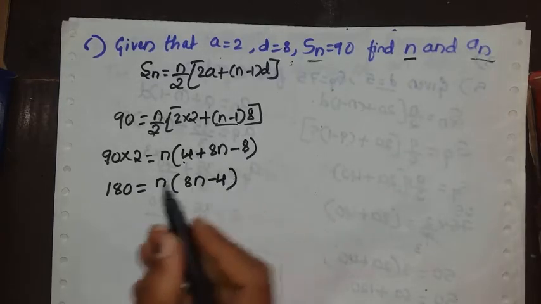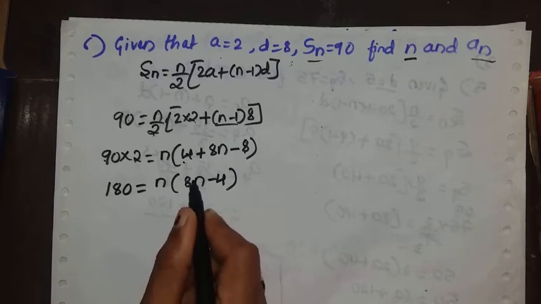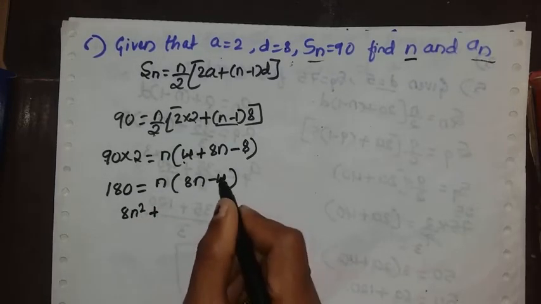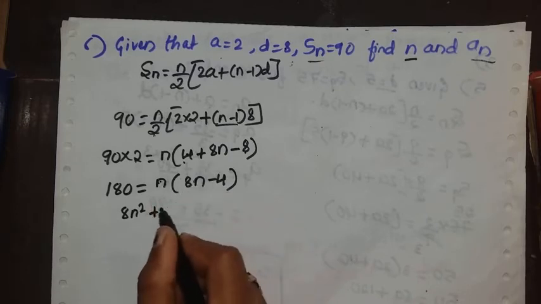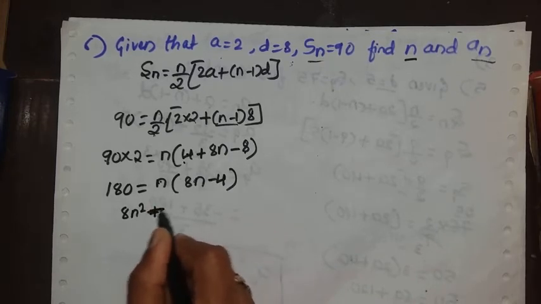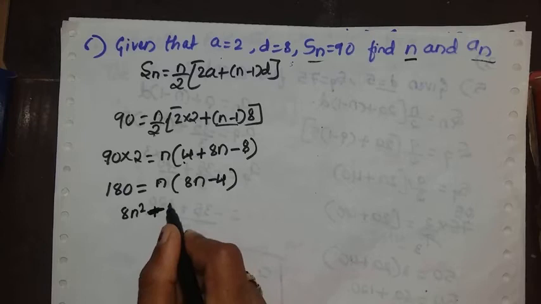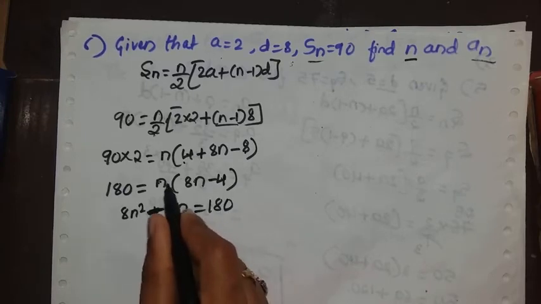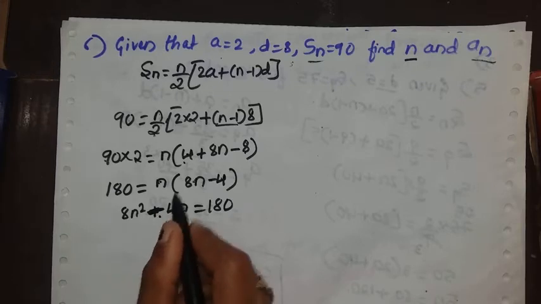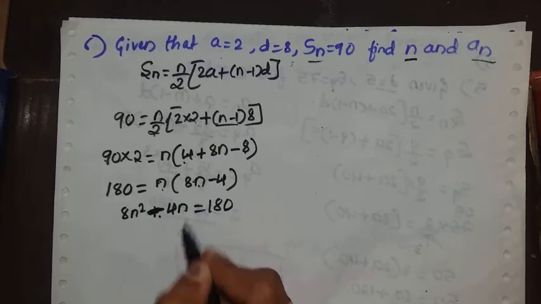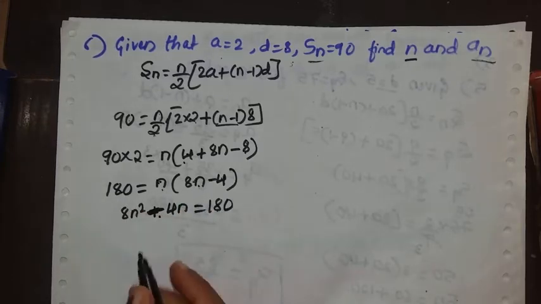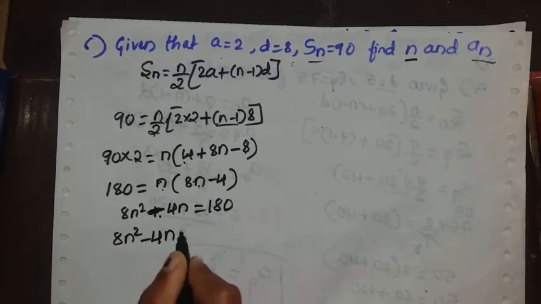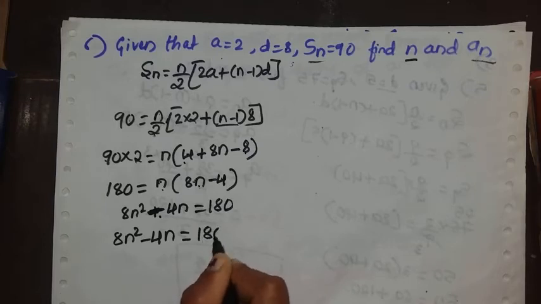So now this can be written as 8n into n, 8n square, minus 4n into n, minus 4n, equals 180. This is a monomial multiplied by a binomial, equal to 180. So 8n square minus 4n equals 180.